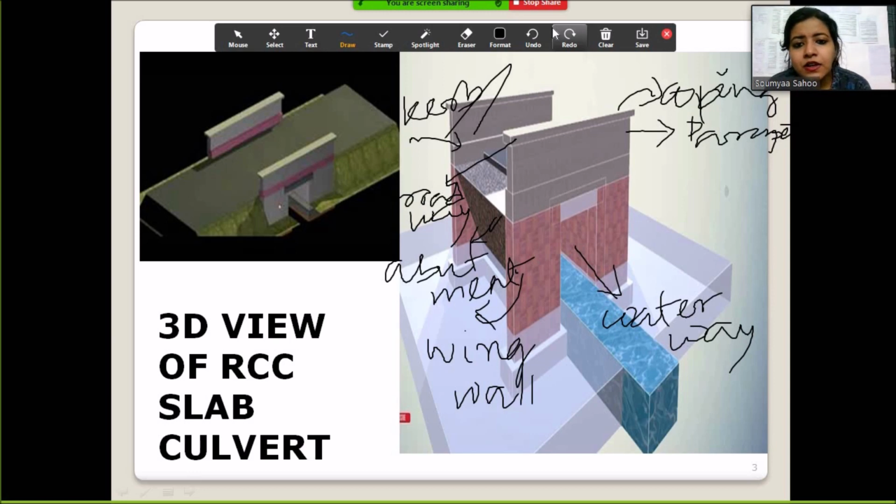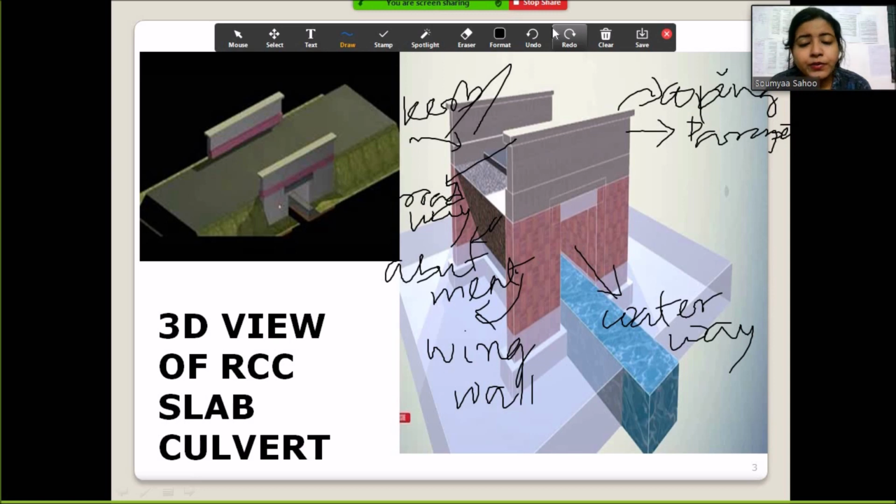So students, abutments are end supports of bridge superstructure, and the main function of abutment is to retain the earth pressure of embankment, and it provides a final formation level to the bridge superstructure, and it also carries the weight of the superstructure to the subsoil, while piers are intermediate supports of multi-span superstructure in a water body, and the main function of a pier is to transfer the load of the superstructure to the subsoil.